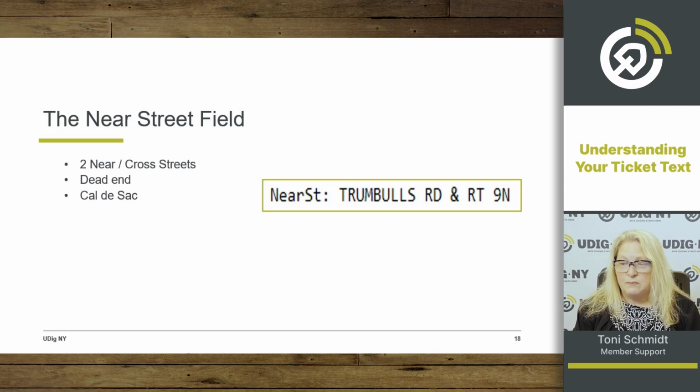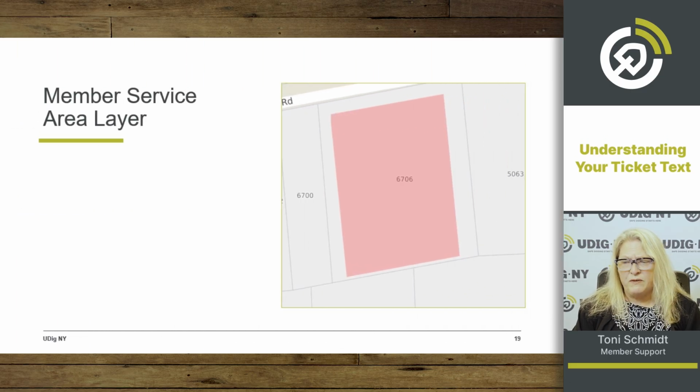This policy is in place to produce quality location requests. This policy is not part of Code 753, and requests will not be refused if cross or near streets are unknown.